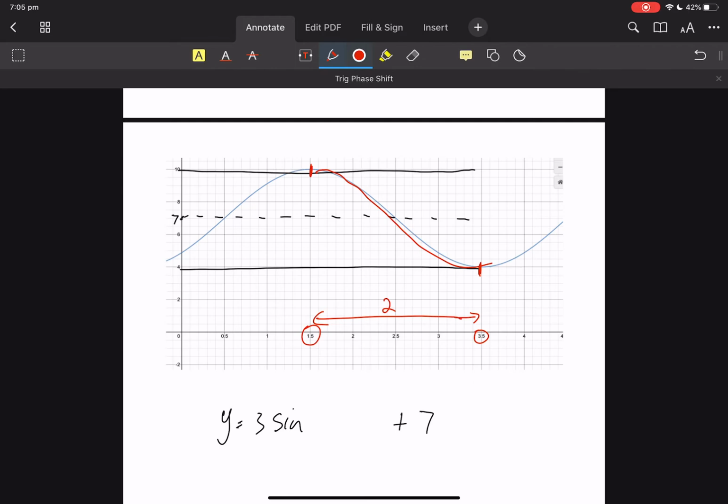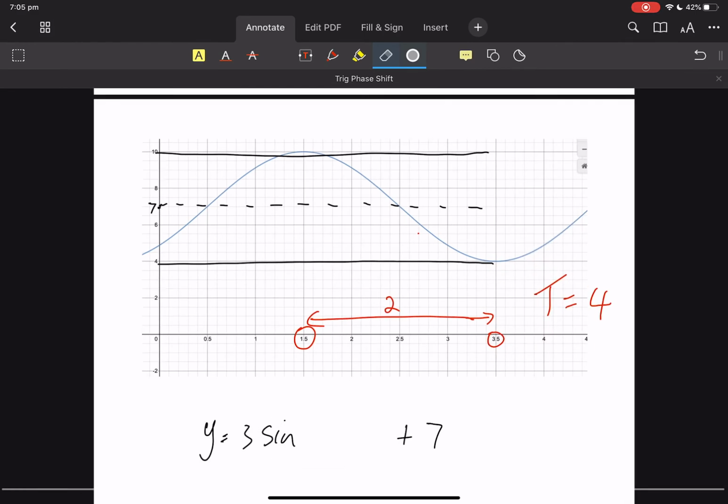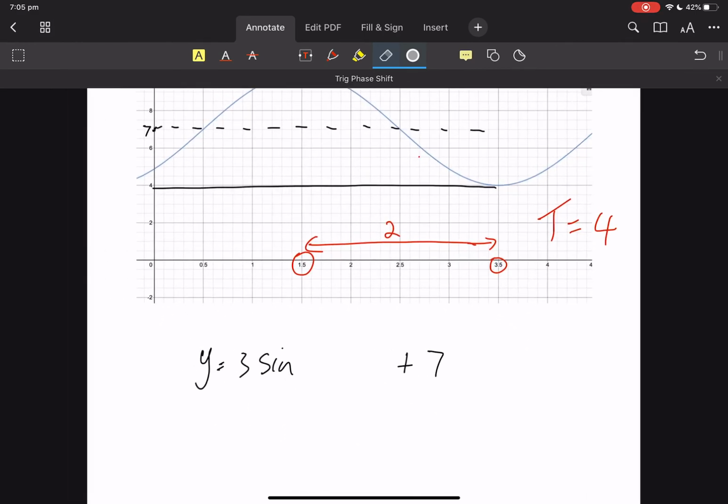So a full cycle would go all the way down, so that means our time period must be 4. I don't mean to keep using 4 all the time. It is just what it is. Just random. Okay, time period is 4.